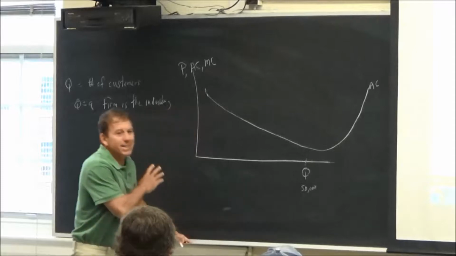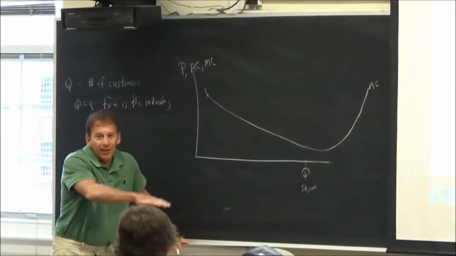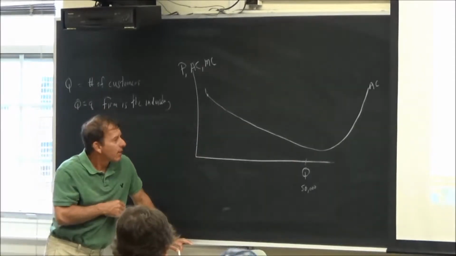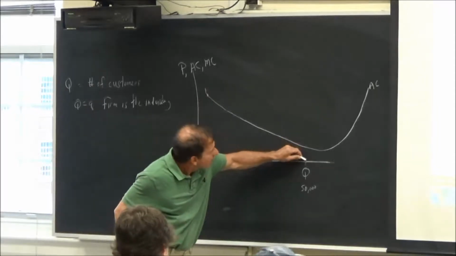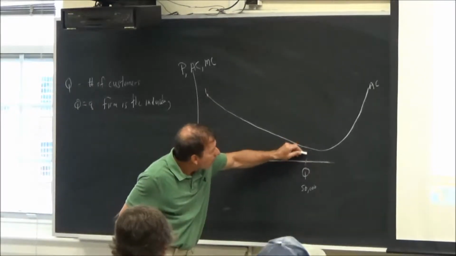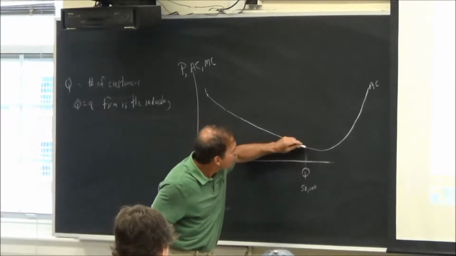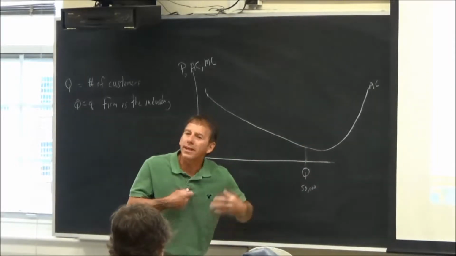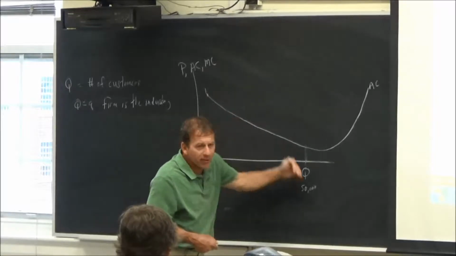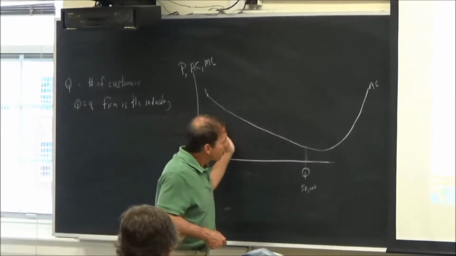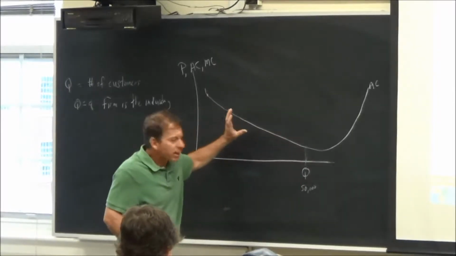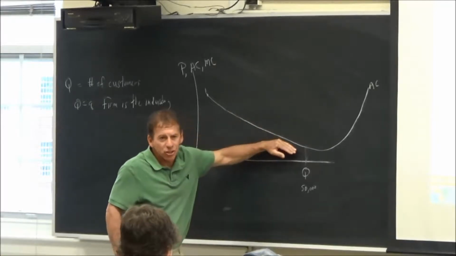Now, what makes this different than the other average cost curves is that we're almost beyond the industry output, right? So here's the number of customers, and the company's still getting more and more efficient. In other words, the bigger they get, the more they grow, the lower their average costs are.